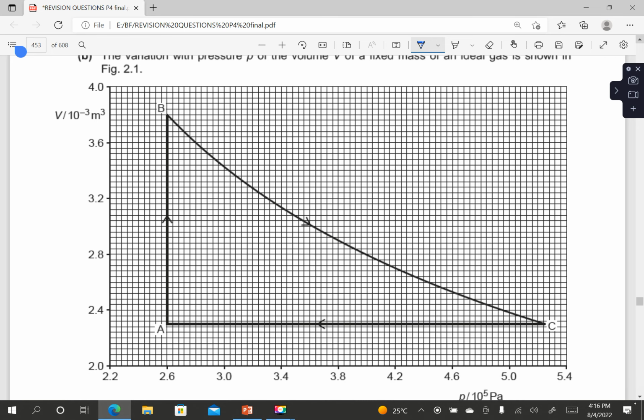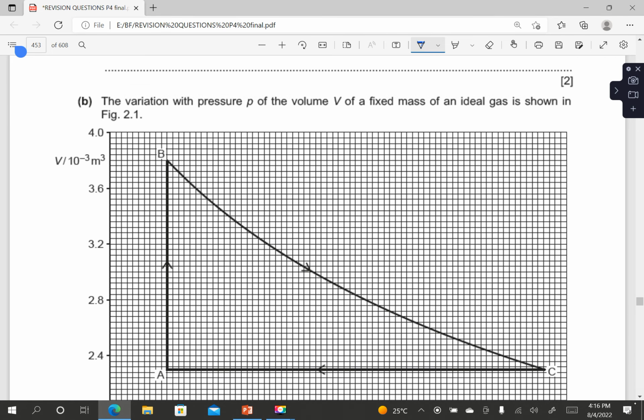Okay, the variation with the pressure P of the volume of a fixed mass of an ideal gas is shown in the figure. So before we read even the questions, we can see that it is volume against pressure. Along AB volume is increasing, so here work done is positive. Along BC volume is decreasing, here work done is negative.